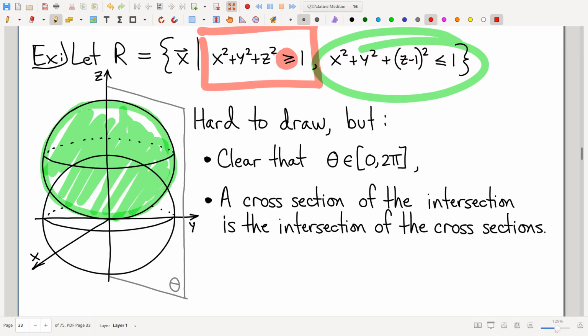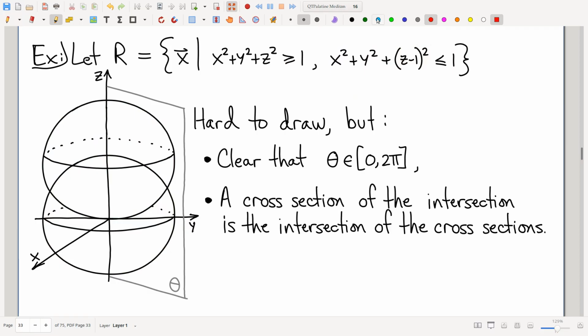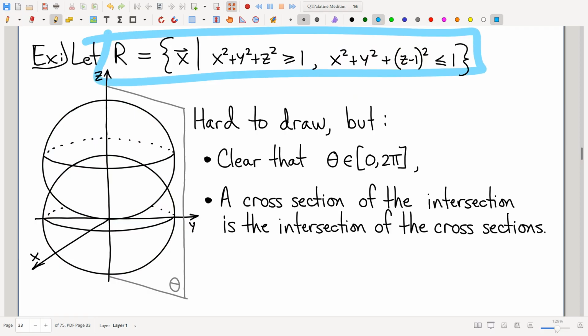That means we're only interested in points that are in the green, but also outside of the red ball. So outside of that. And so all together, what's in the green but outside of the red is a little bit hard to draw. It's kind of a thing like that.